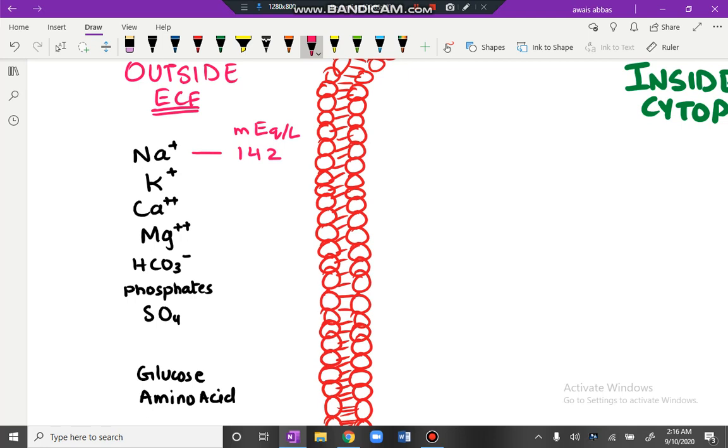Over here, potassium is 4 milli equivalent per liter. The calcium ion is actually 2.4 milli equivalent per liter, and the magnesium is actually 1.2 milli equivalent. Remember this, that I am talking about ECF fluid. I'm talking about the fluid that is present outside the cell. This must vary when we are going to talk about the intracellular fluid.